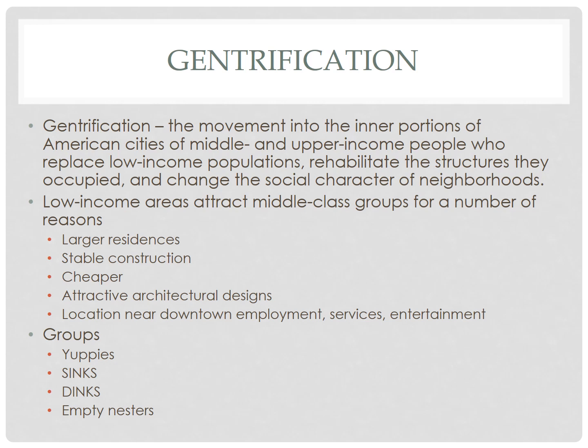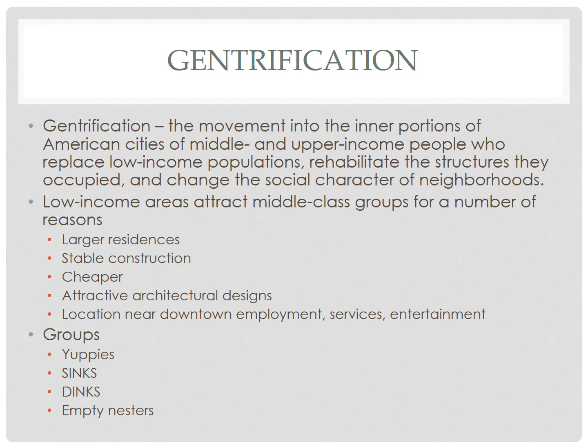Now, there's a couple facts that we should point out. First off is we're talking about middle and upper income people moving into areas that were typically low income. And there were certain groups that were more likely to move in there. And those are the groups that you see down there at the bottom: yuppies. Yuppies is a term for young urban professionals.